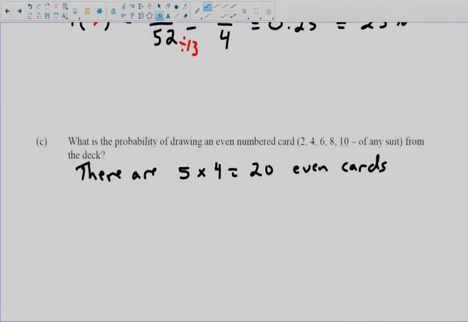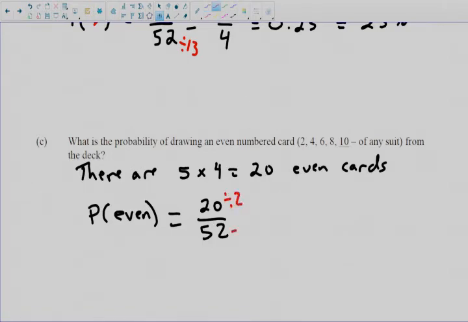So our number of successes is 20. Our probability of drawing an even card, therefore, is 20 divided by 52. Now, 20 does not evenly fit into 52, but both of them are at least divisible by 2. So let's just do this rigorously here.